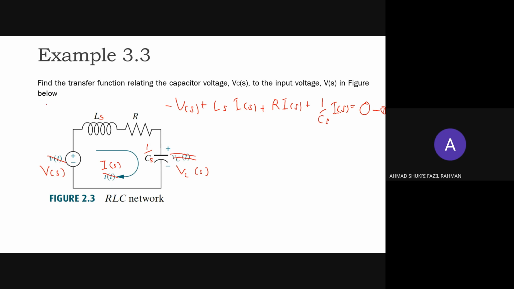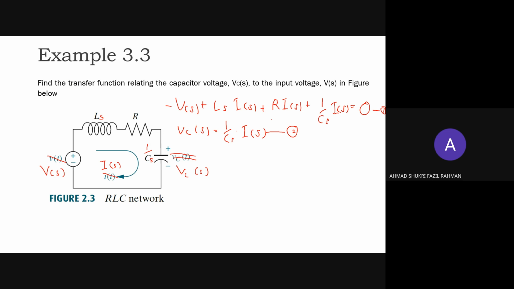So from here, VC S equal to 1 over CS multiplied by IS. Okay, so this one would be equation 2.